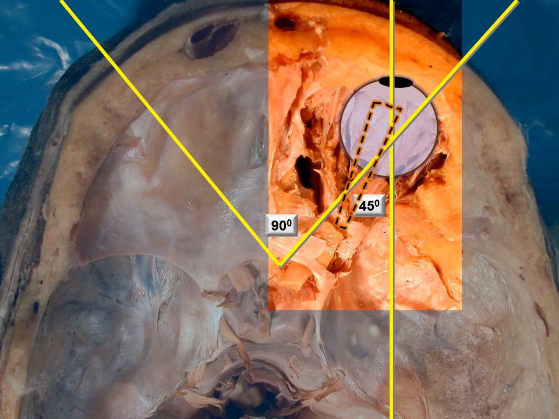In other words, in extreme abduction of the eyeball, the superior rectus will perform a simple elevation of the eyeball. But this is not really so. The axis of the eyeball is anteroposterior, which does not coincide with the axis of the orbit.